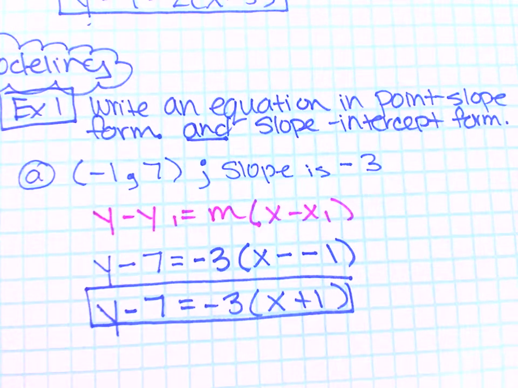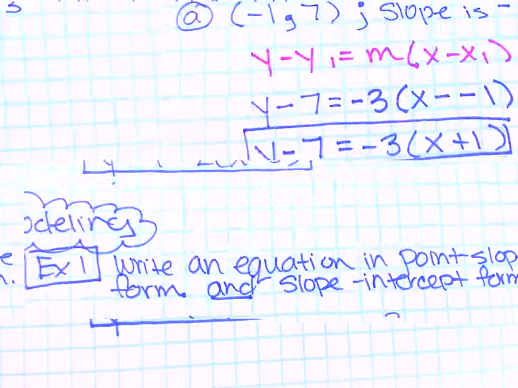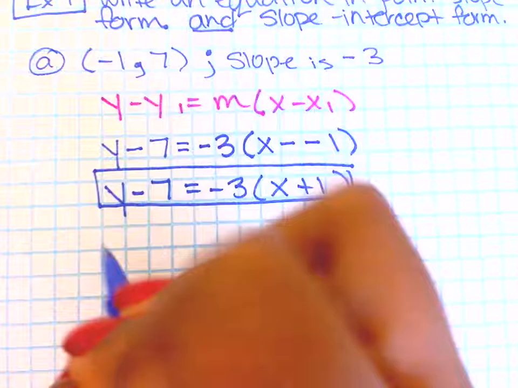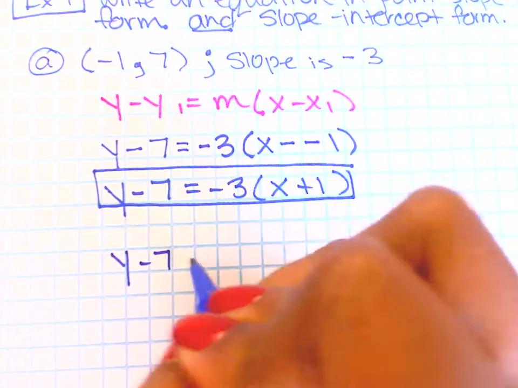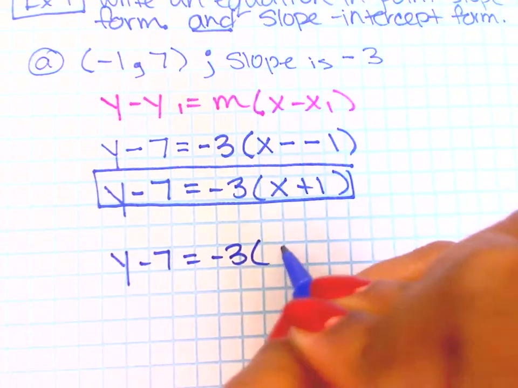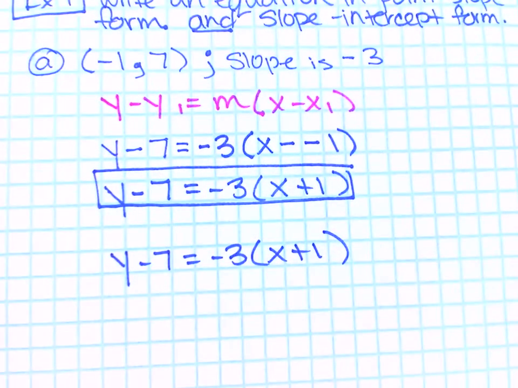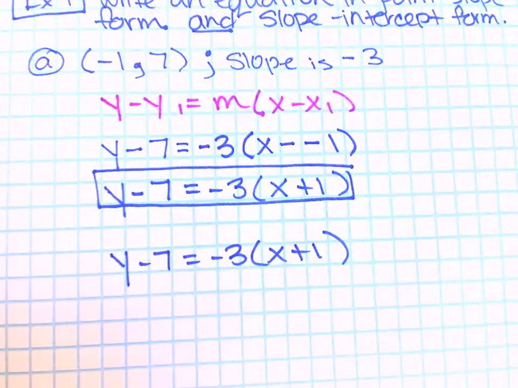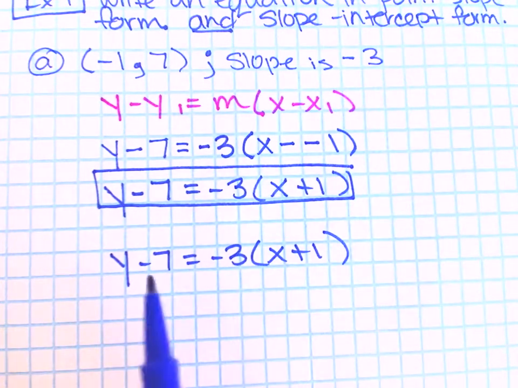Okay, but not only does it ask me for point slope form, I gotta do it in slope intercept form. So this is what I would do if I were you. Take that equation that we just did, y minus 7 equals negative 3 times x plus 1, and use that equation to turn it into slope-intercept form. It's just like an algebra equation.